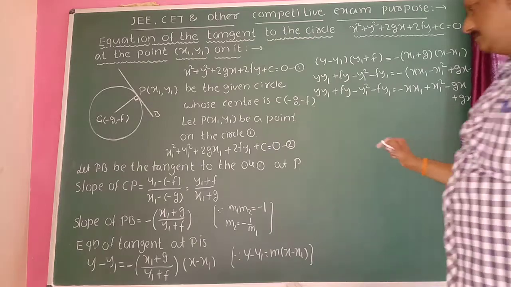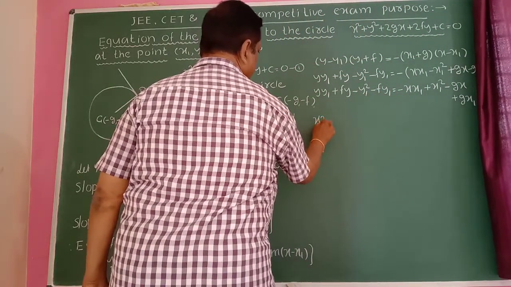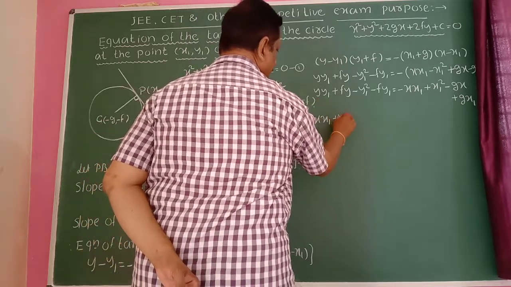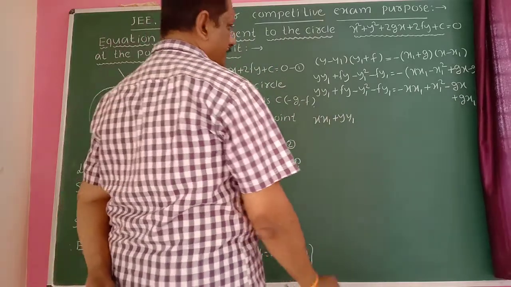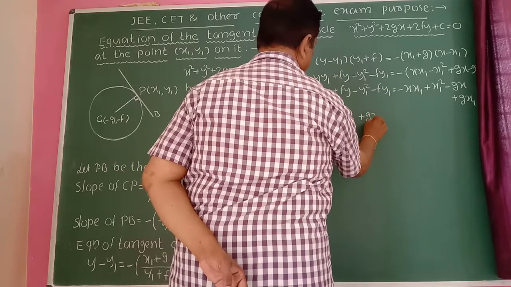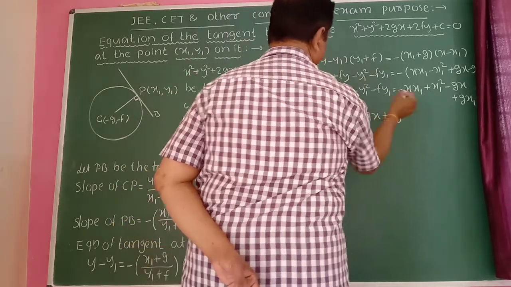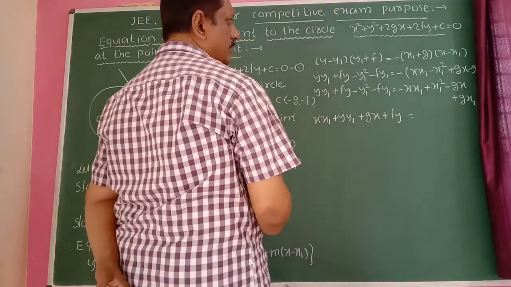Okay, therefore minus x1, take to the left-hand side, it becomes plus x1. Then y1 is there, so right here y1. Then take minus gx to this side, plus gx, then fy is there, so right here fy is equal to x1 square.